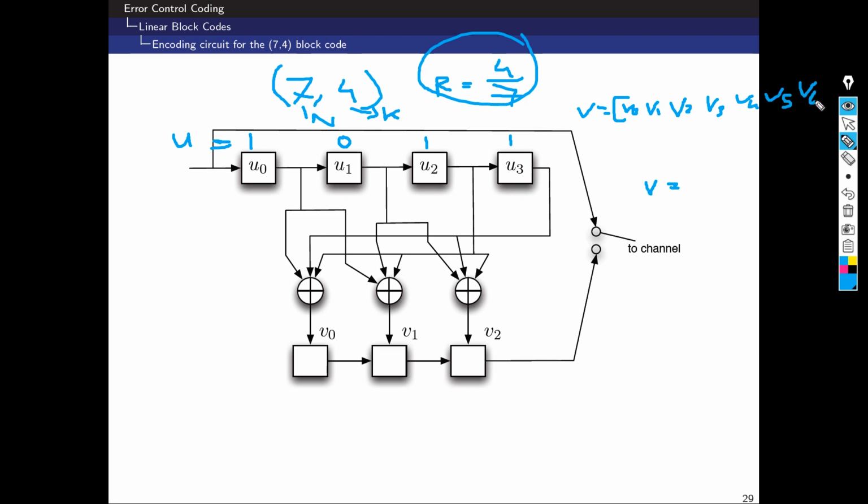Do you have V7? No, because you have only 7 elements. N is equal to 7, and since it starts from 0, from 0 to 6 you have 7 elements.